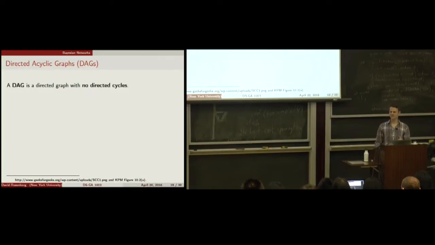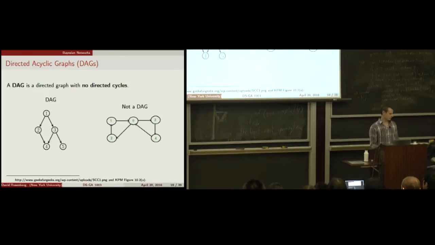A directed acyclic graph, also known as a DAG, is a directed graph with no directed cycles. Here, if you follow the direction of these edges, we go in a cycle that respects the direction of the edges.